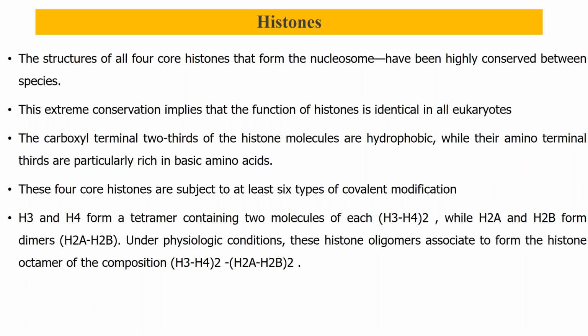Okay? So this extreme conservation implies that the function of histones is identical in all eukaryotes. 2/3 of the histone molecule from the carboxy terminal side is hydrophobic, while at the amino terminal it is basic.